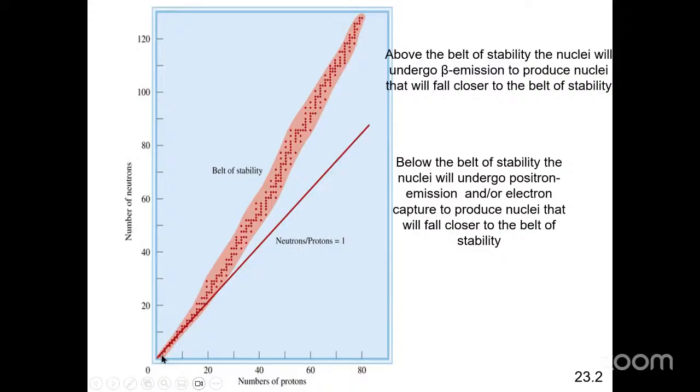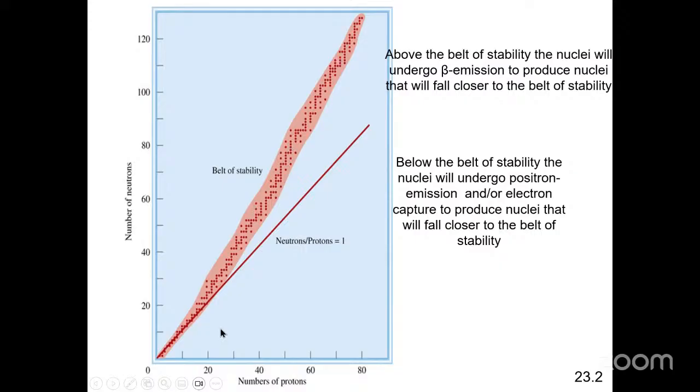Now, this line that you see here is where the number of neutrons and protons is equal to each other, right? And what they did was to look at the different nuclei and see whether or not they fall on this line. And what they found out was that the different nuclei that will undergo spontaneous changes actually fall within this belt of stability that's shown here.